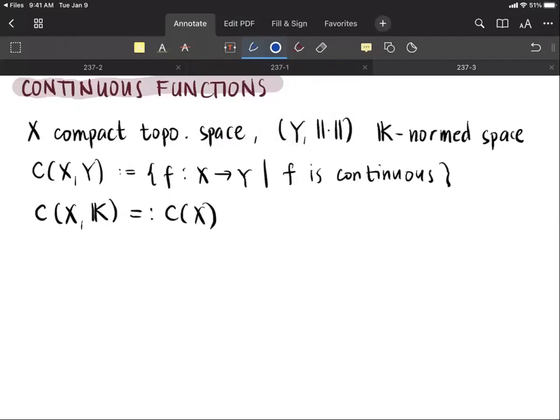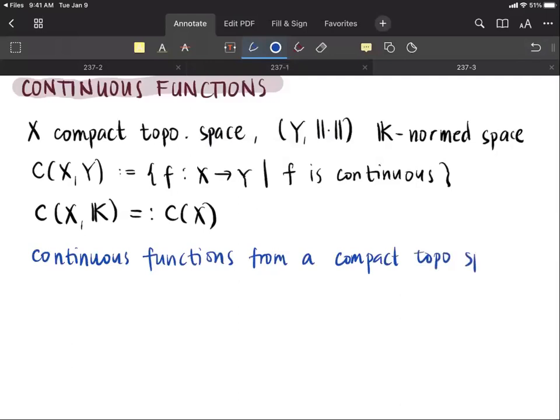As you might know, continuous functions from a compact topological space to a normed space are bounded.